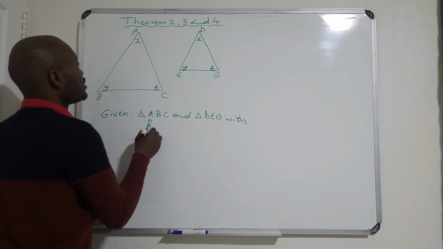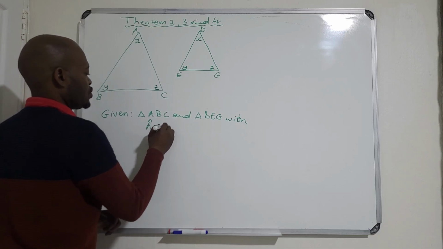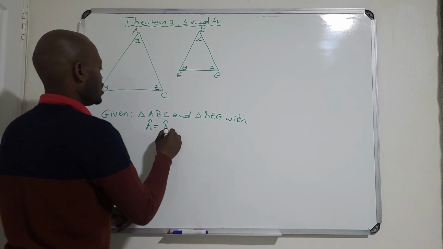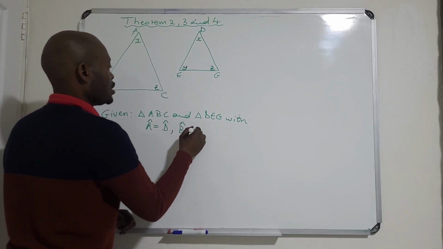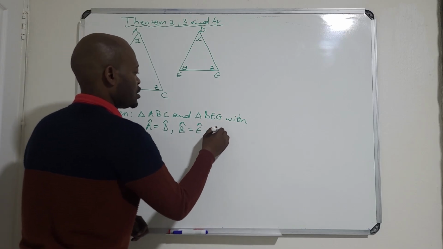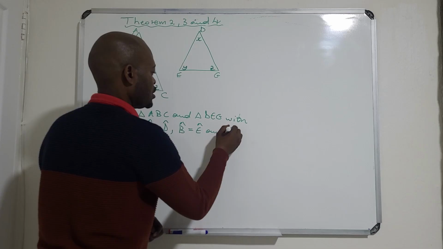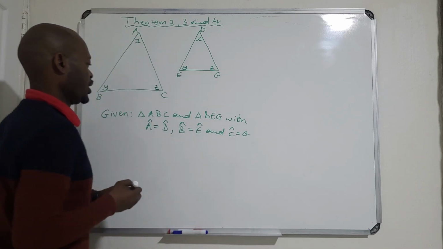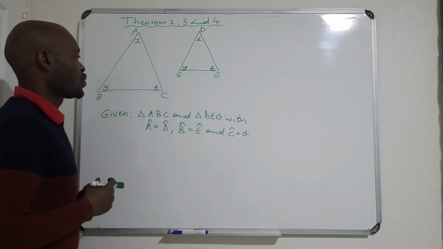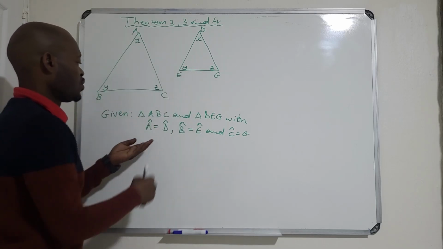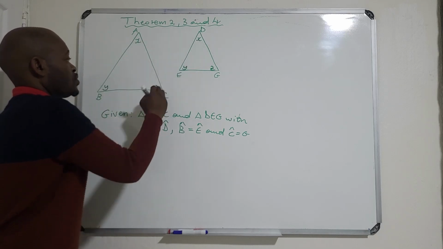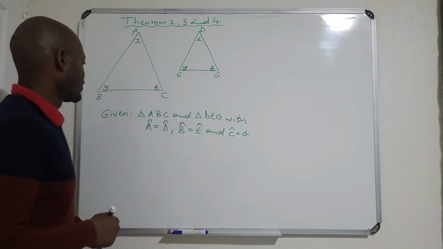Since they're equiangular, it means that angle A is equal to angle D, angle B is equal to angle E, and angle C is equal to angle G. This is what we are given because we are told that the two triangles are equiangular. Since they are equiangular, we are given that this is equal to that, this is equal to that, and this is equal to that.